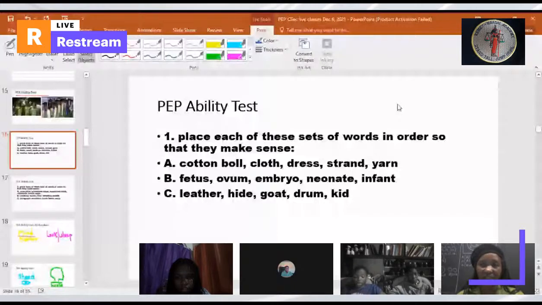Whether chronological sense, alphabetical sense, any kind of order, or from one stage in a process to another stage in the process. So the first set of words: cotton, ball, cloth, dress, strand, yarn.